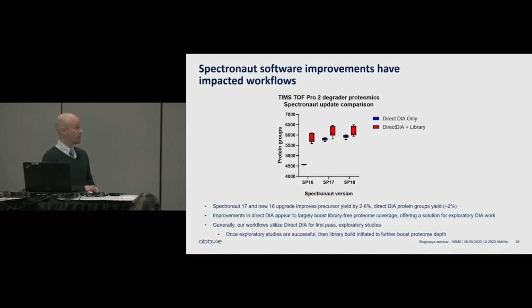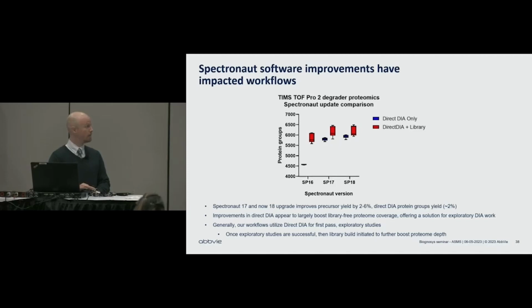In general, with new studies where we don't have cell lines or tissues that we have very large libraries for, typically we'll perform direct DIA first as a way to validate new biology for collaborators. Then if we deem that we're seeing the changes that they expect, that's when we'll proceed to actually make a library. So it helps us make decisions in terms of how we're using our time.